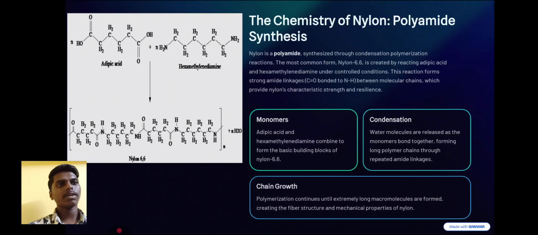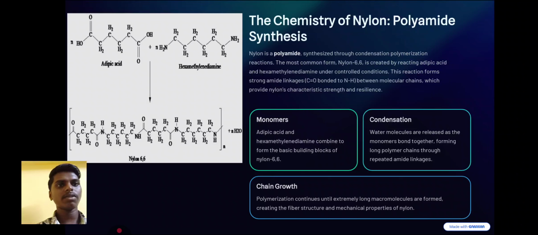The chemistry of nylon. Polyamide synthesis. Nylon is a polyamide synthesized through a condensation polymerization reaction. The most common form, nylon 66, is created by reacting adipic acid and hexamethylenediamine under controlled conditions.